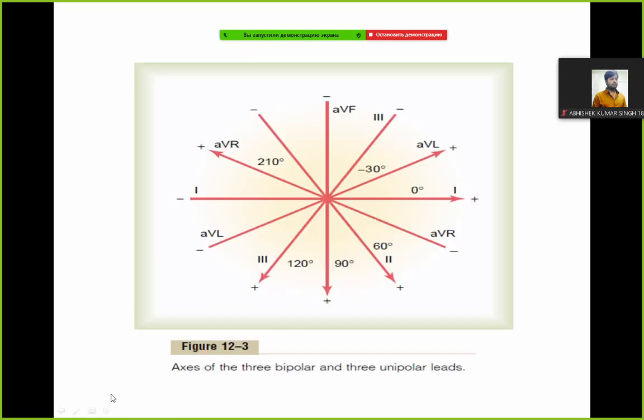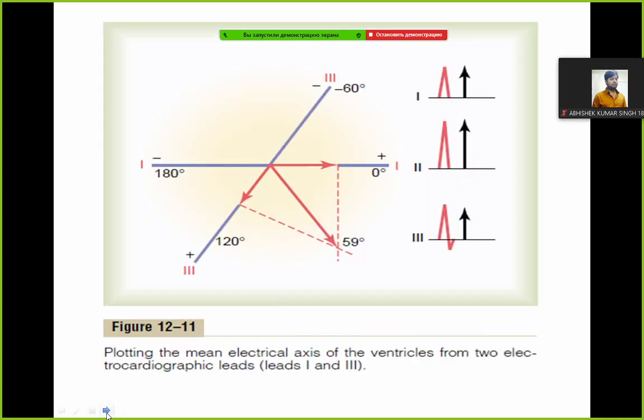For calculating the electrical axis, we may use the frontal plane axes of the three bipolar and three unipolar leads. We must know how to calculate by plotting the mean electrical axis of ventricles from two electrocardiographic leads. We use the first and the third standard lead.